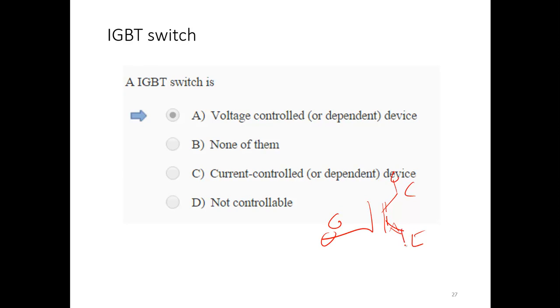This side looks like a bipolar, and this looks like a gate, since you are applying a gate-to-emitter voltage. That is a voltage-controlled or voltage-dependent device. The IGBT is a very common device in power electronics applications. That is a very promising switch, the switch to be used.